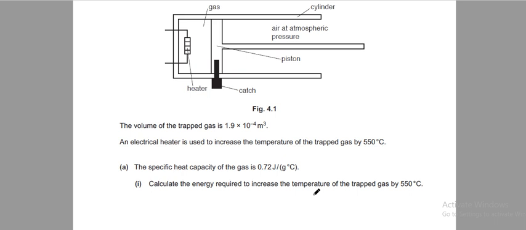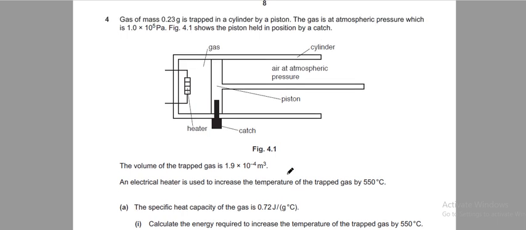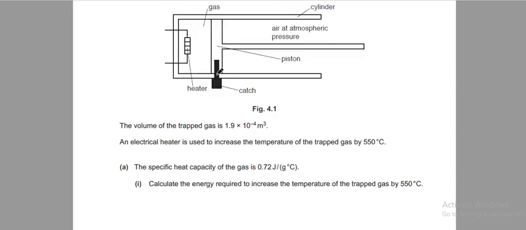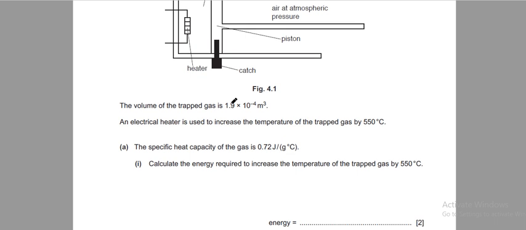The specific heat capacity is 0.72 joule per gram per degree centigrade. It is favorable to be in gram because we have the mass of the gas in grams, and it should ask us about heat.